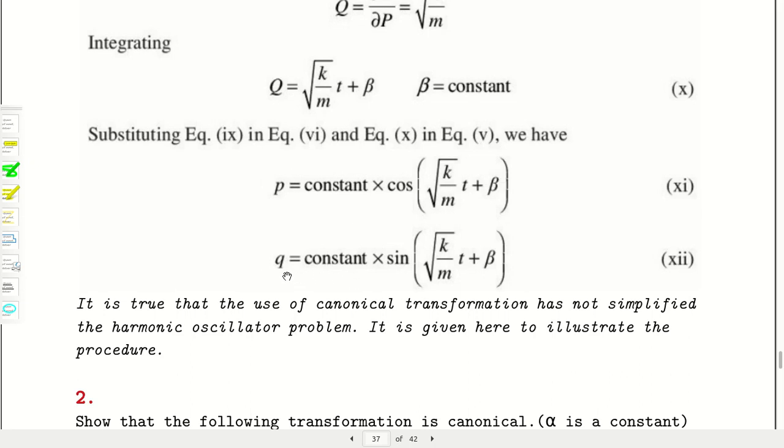You will get x equal to sine omega t plus beta. But here the process is so much lengthier, so the linear harmonic oscillator problem is taken here just to show that the canonical transformation technique can solve a physical problem, but not so easily in some cases.